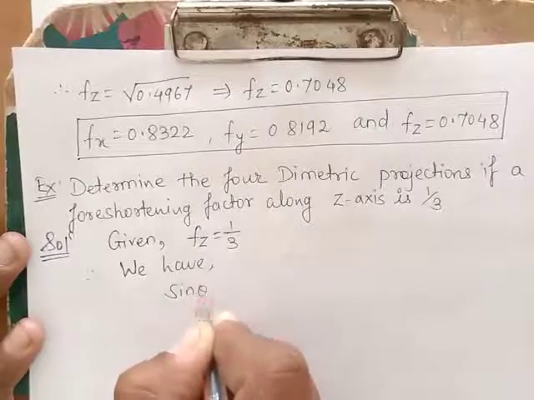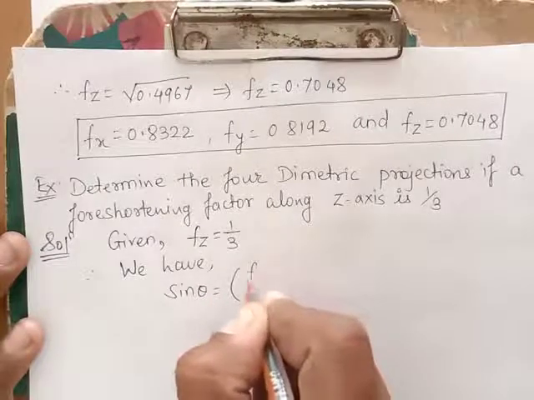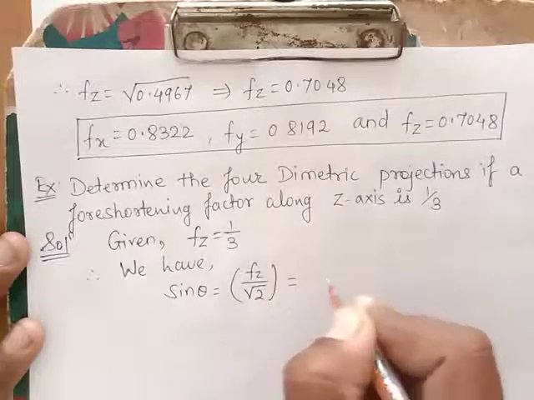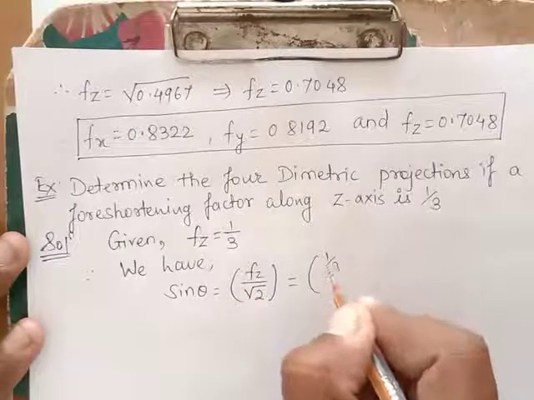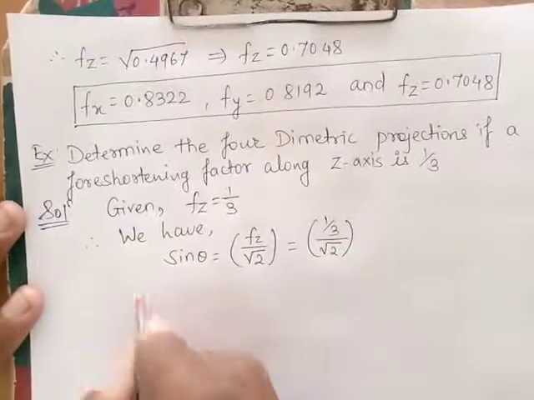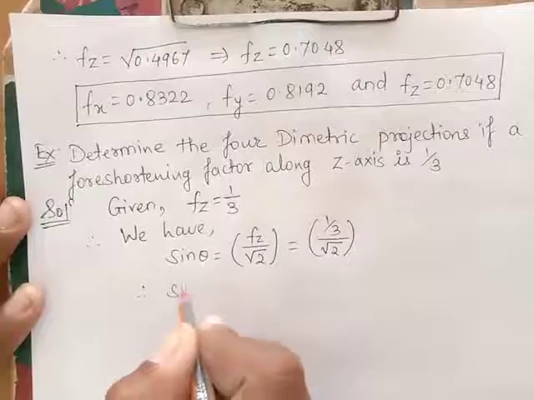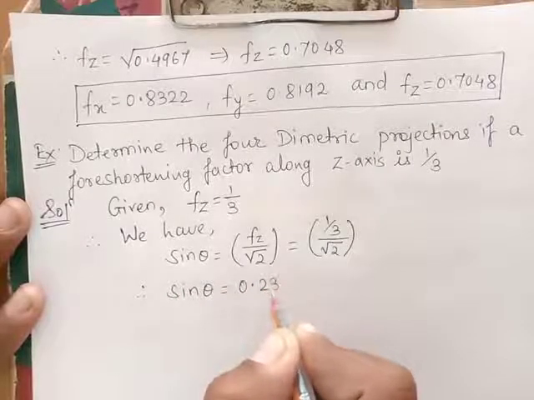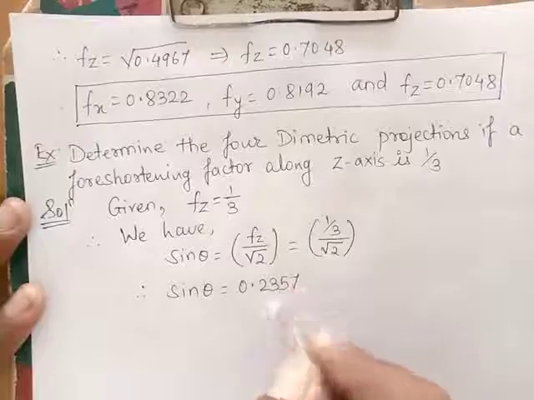sin theta is equal to fz upon root 2, that is 1/3 by root 2. Therefore sin theta is equal to 0.2357.